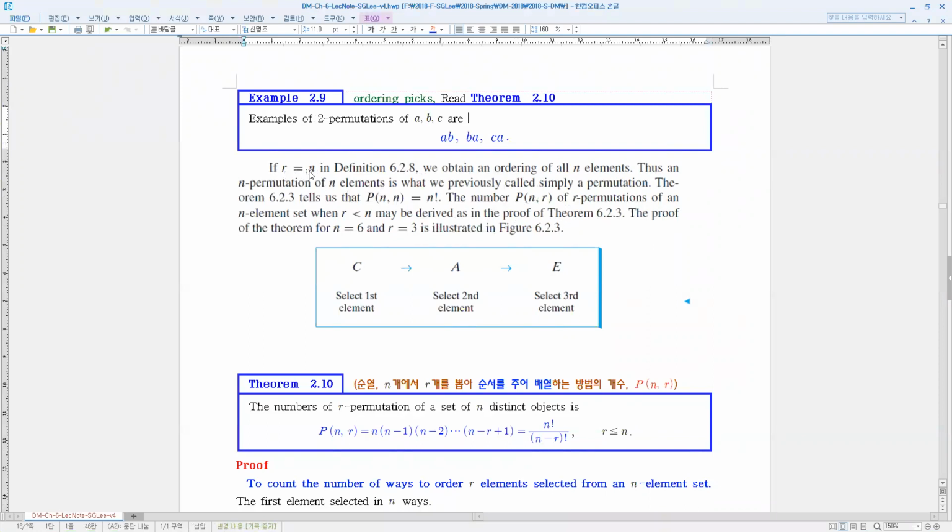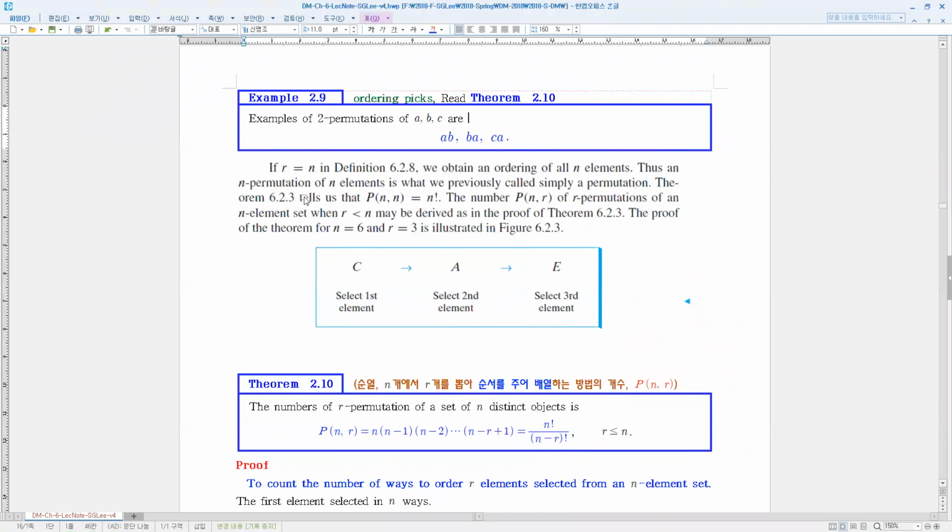If R is equal to n in definition 6.2.8, then we obtain an ordering of all n elements. So an R permutation with R equal to n of n elements is what we previously called simply a permutation. So this is a generalization of the n permutation.